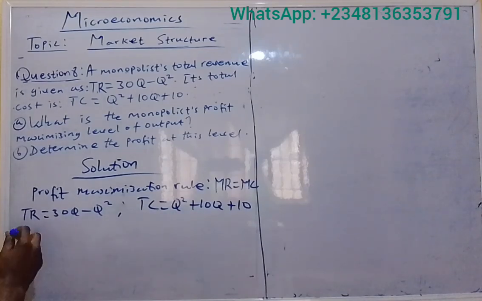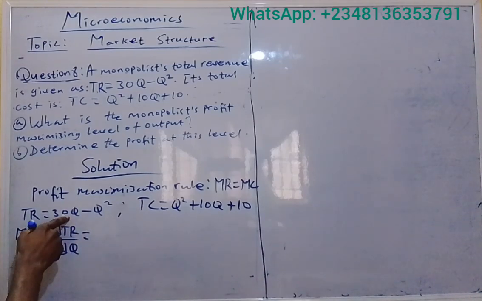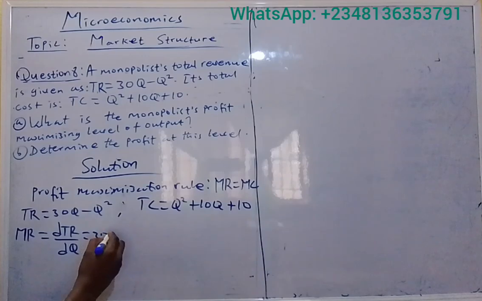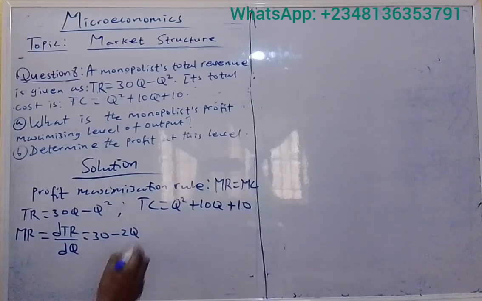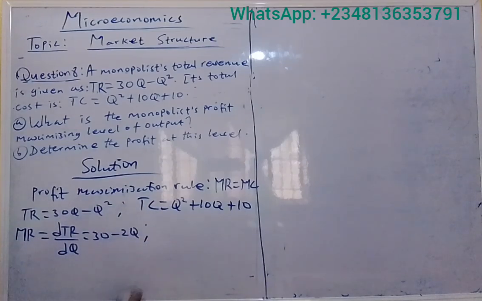Now, let's derive our marginal revenue function from the total revenue function. So, marginal revenue equals dTR over dQ. This is the first derivative. Then we differentiate this, so we have 30 minus 2Q. This is our marginal revenue. Likewise, you can also derive marginal cost from the total cost function.